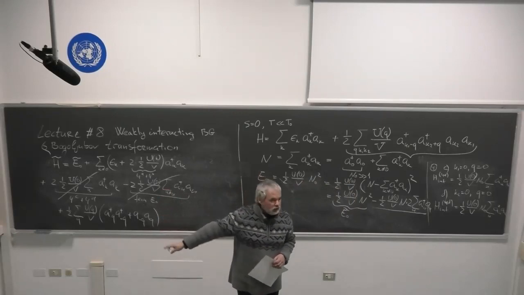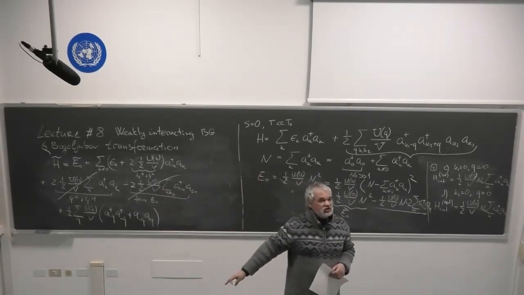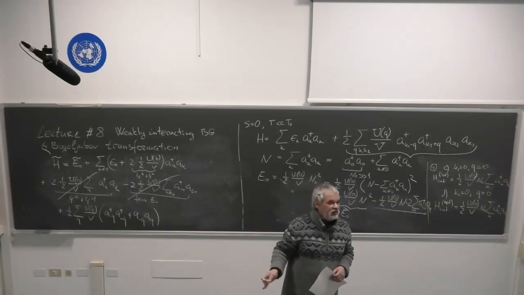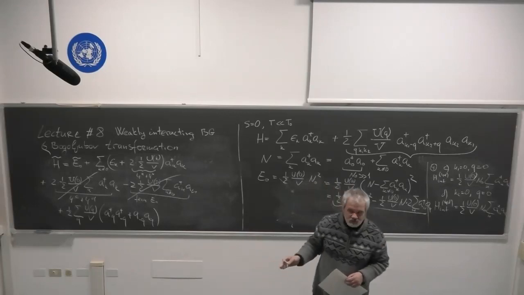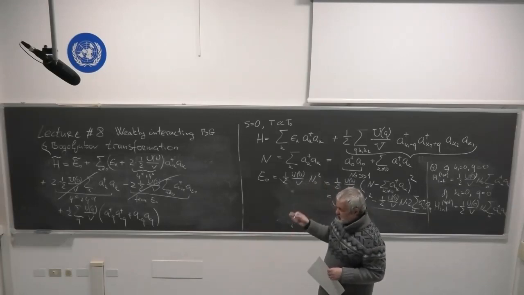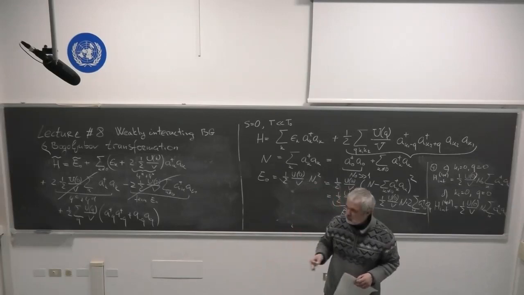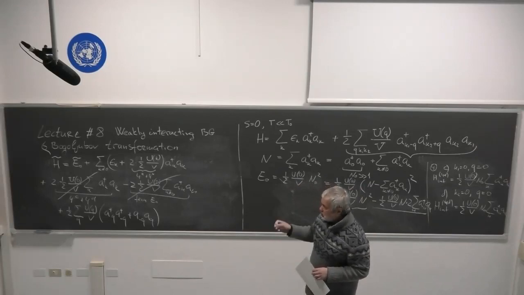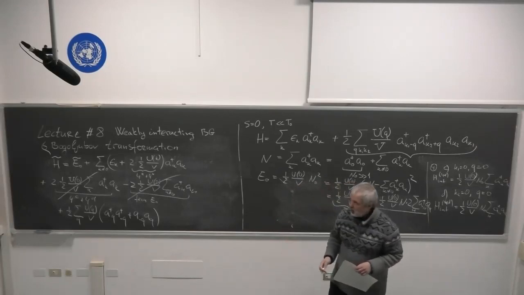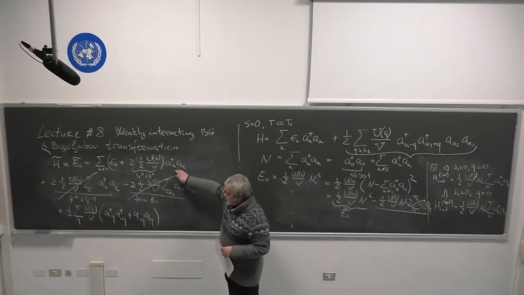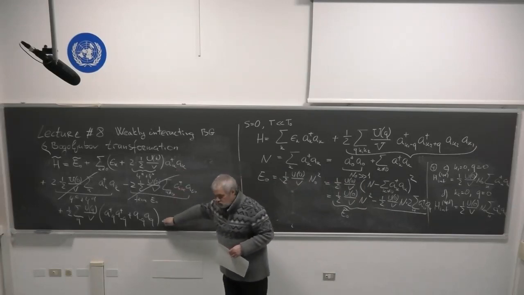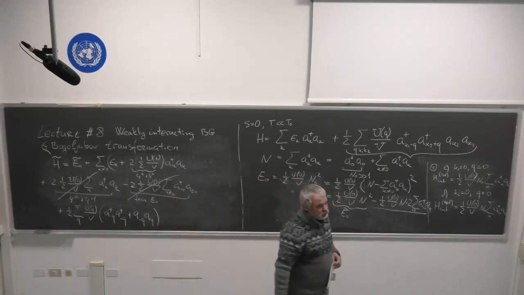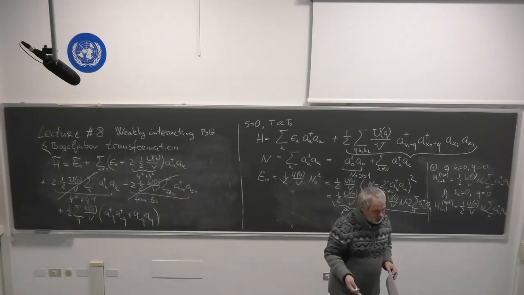So from now on, my calculations are general enough to be applicable for the long-range potential as well. Good. So we have a new Hamiltonian, as I said, which contains a part which is diagonal and a part which is not diagonal in terms of creation and annihilation operators.